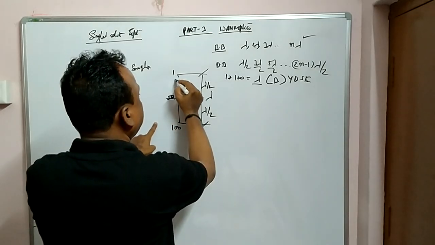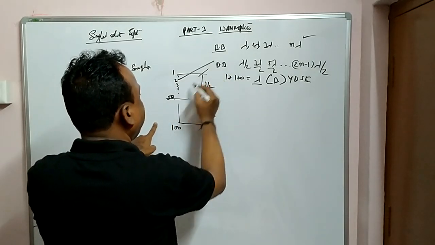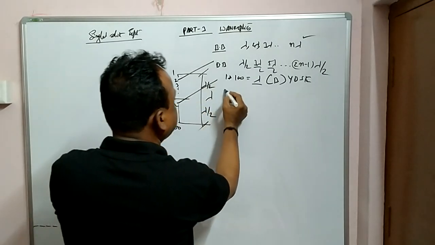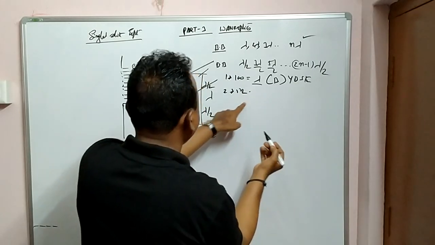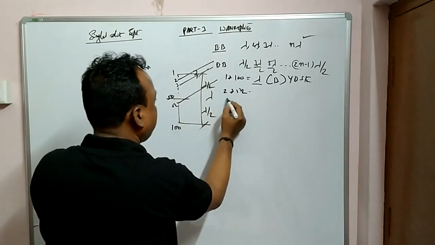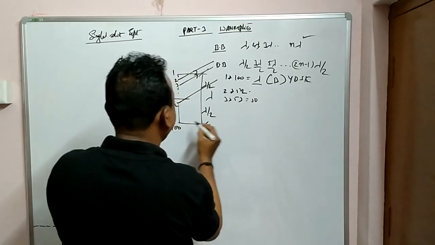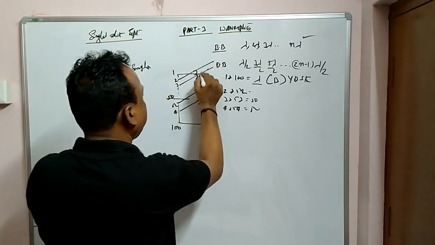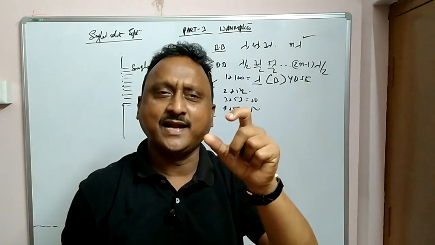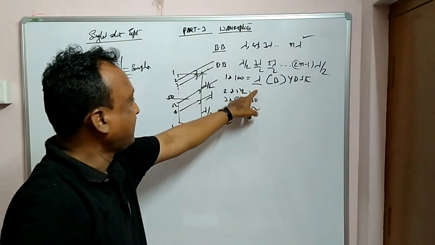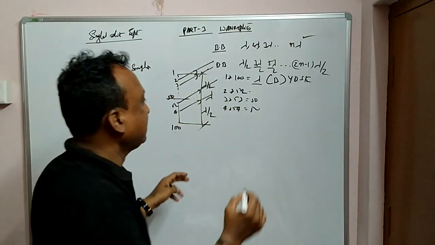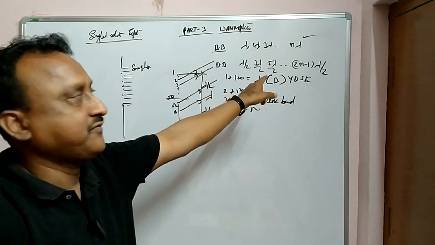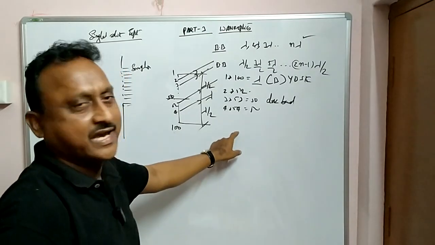Second light and 52, difference is 50. Third light and 53, difference is 50. Fourth and 54, difference is 50. So like that, if you see the difference between any two, it is maintaining lambda by 2. That means it is indicating the dark band. Whatever path difference you assumed for bright in YDSE, now it has become the dark band here.